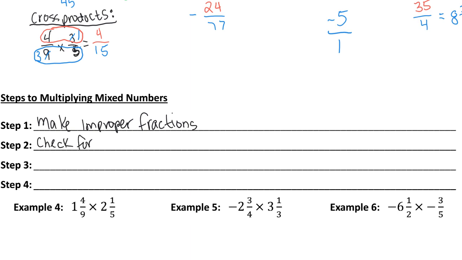Check for cross products. This is when cross products is going to be really handy because some of these numbers can get pretty large. Okay, so check for cross products or get it into a simplified form.